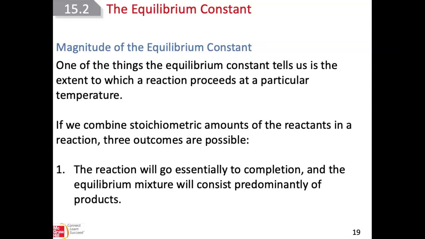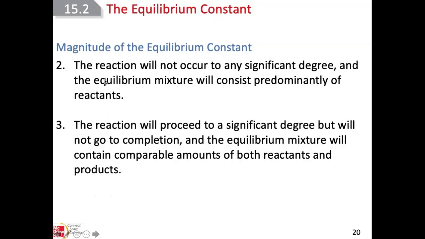This is really the goal of any chemist who conducts any experiment, any chemical reaction. This is what they want to have. They really want a reaction that goes to completion and has mostly products in the equilibrium mixture. Another outcome is that the reaction will not occur to any significant degree, and what we will have in our reaction vessel is really just the reactants. So the reaction really is not that successful.